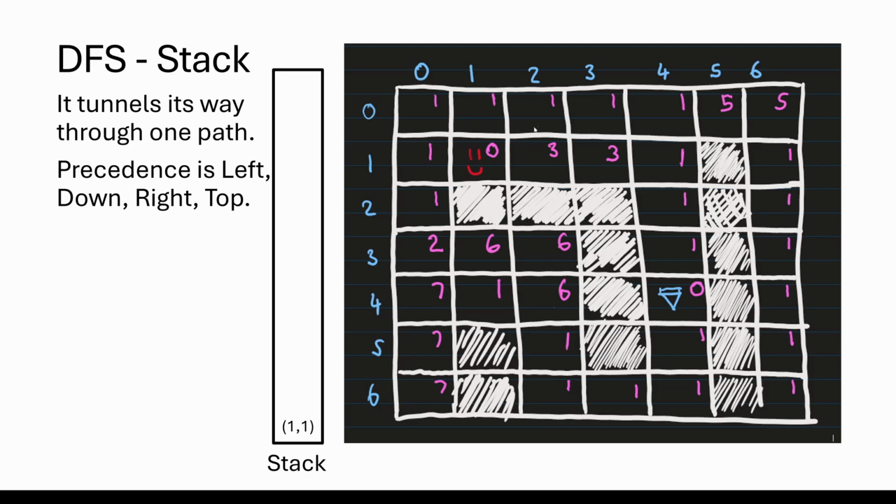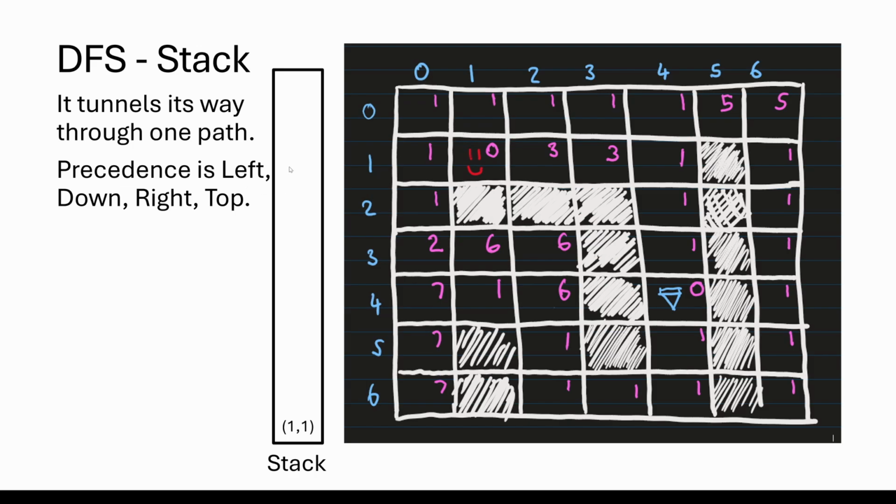As I'm executing this algorithm, I'm going to use this stack data structure so that you can visualize what's going on behind the scenes. So we could start this algorithm. We first add 1, 1 to the stack because that's the start grid, the starting coordinate.